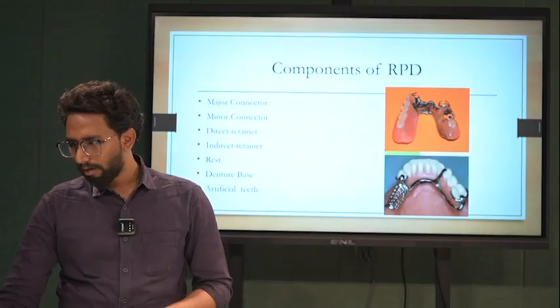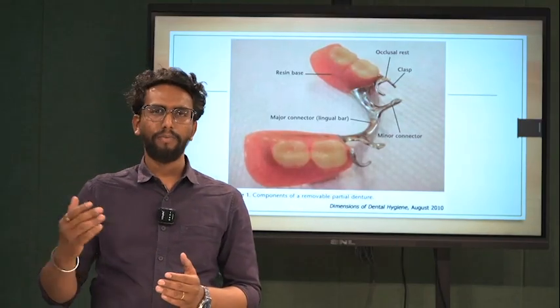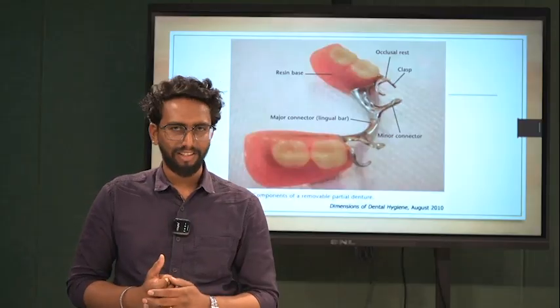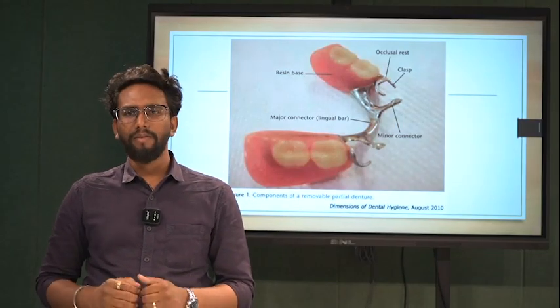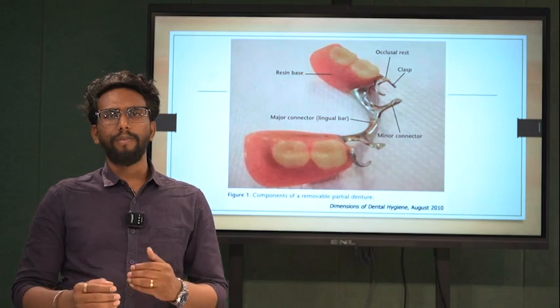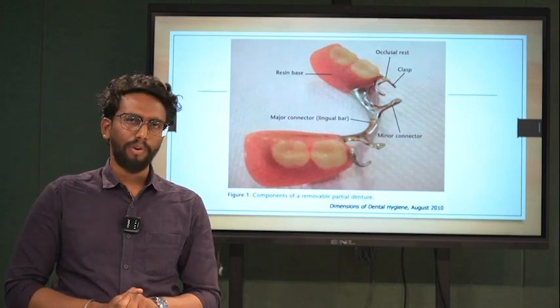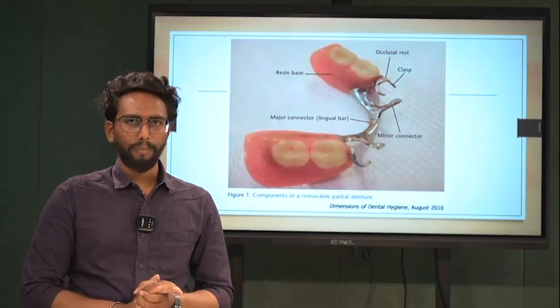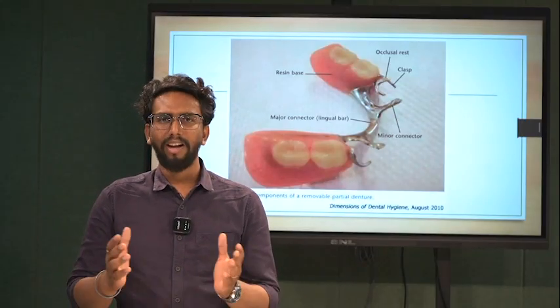We will learn about each and every component in future consecutive lectures, because this is an introductory lecture where we introduce you to the different components. In future lectures you will learn in detail about what is major connector, what is minor connector, and what is direct retainer and indirect retainer.